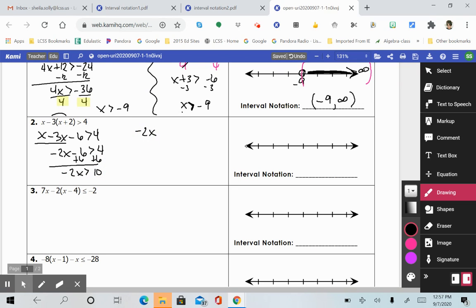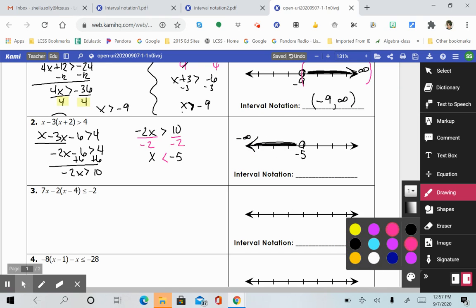Now, I want to remind everybody, when you multiply or divide by a negative number, which is what we're going to do here, your symbol flips. So now we have x less than negative 5. So on our graph, we put negative 5, empty circle, it's less than, so it shades left, and it's approaching negative infinity.